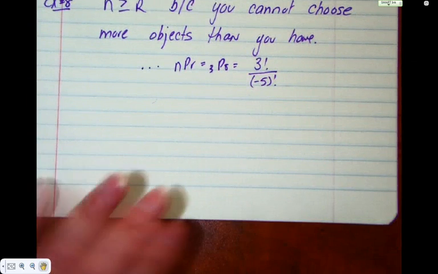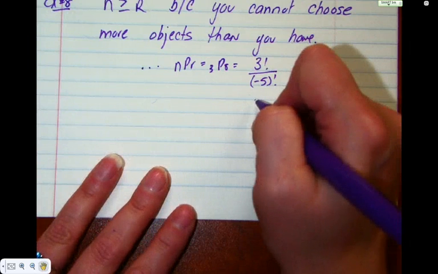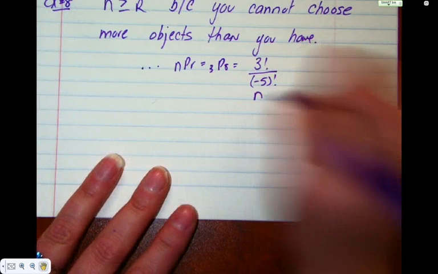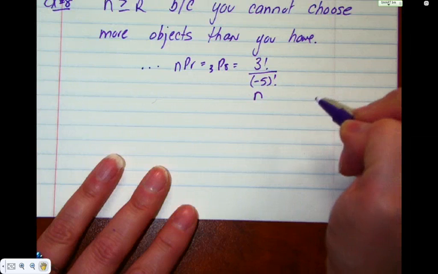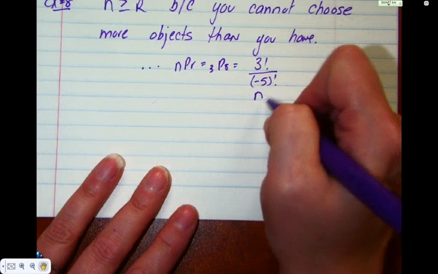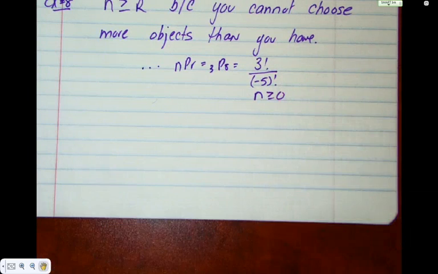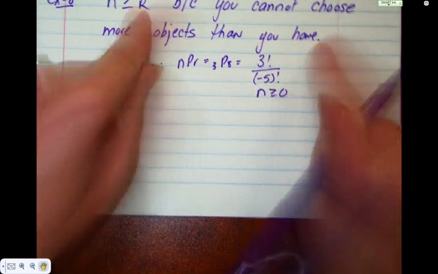But again, why? You can't have a negative, because n cannot be negative. And mathematically, how do we say that? n has to be greater than or equal to 0. There you go. That would be your 2 marks, or this would be your 2 marks, either way.